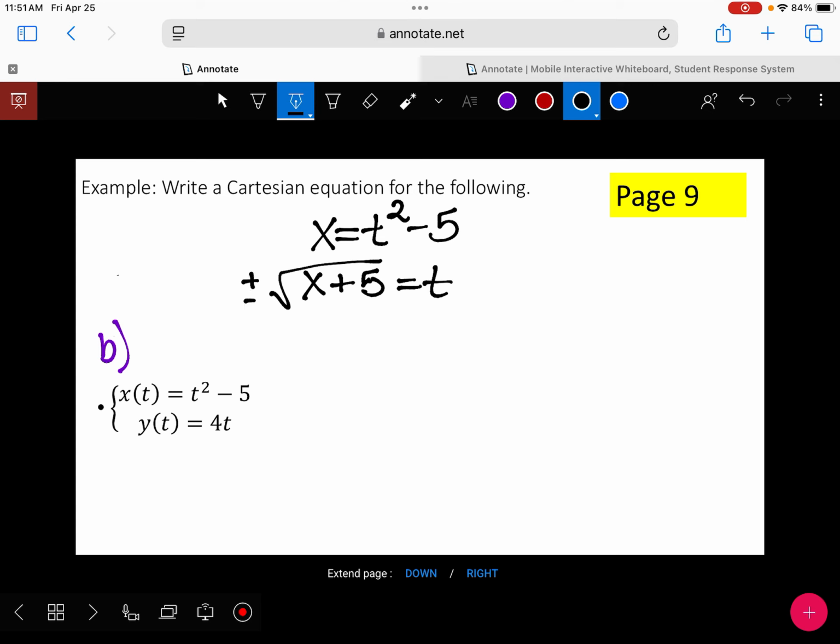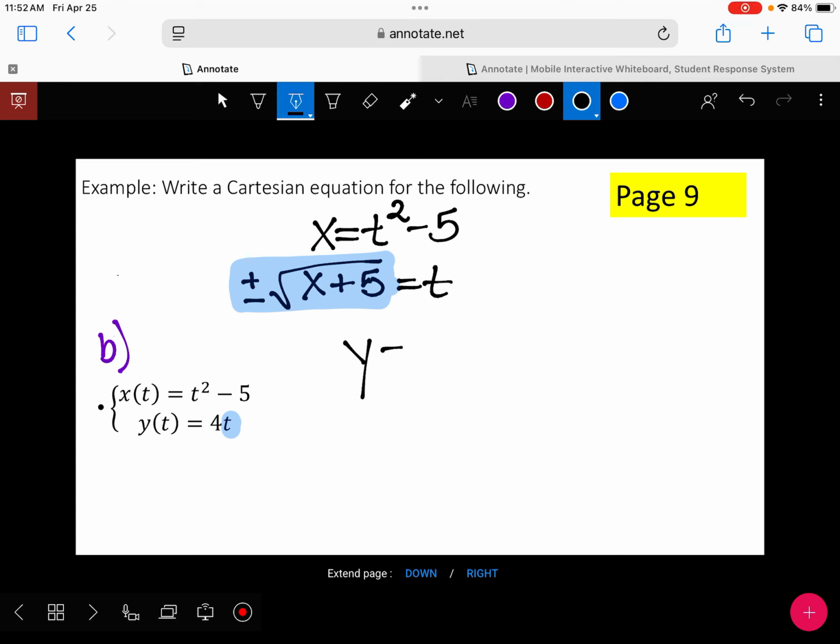So I'm going to put that plus minus in front. And now step number 2 is substitute that expression. So I'm going to substitute what I got here and put it here. That's all I'm going to do.